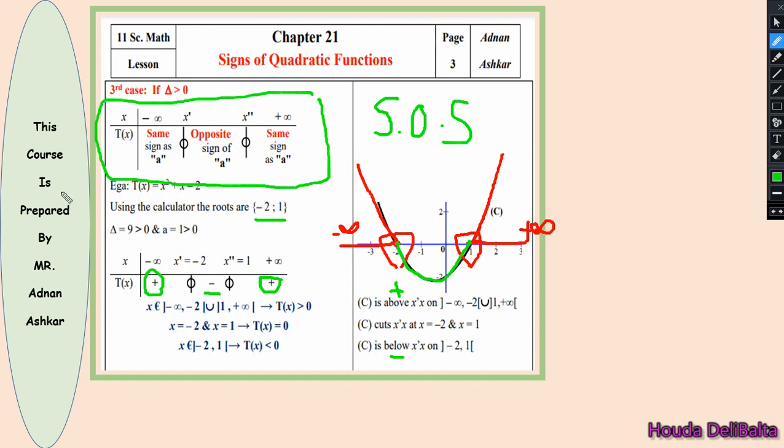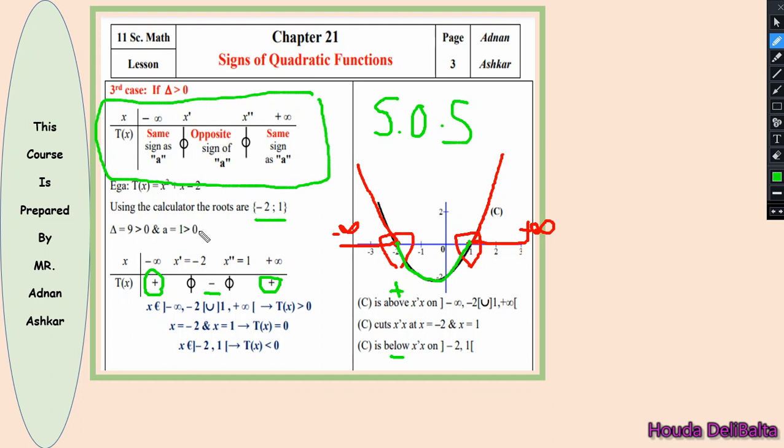Same to what? Opposite to what? Let's see. Same sign as a, opposite sign of a, same sign as a. So whenever you put the roots, you don't need all of this. You just find delta. If it's positive, you directly find the roots using the calculator.